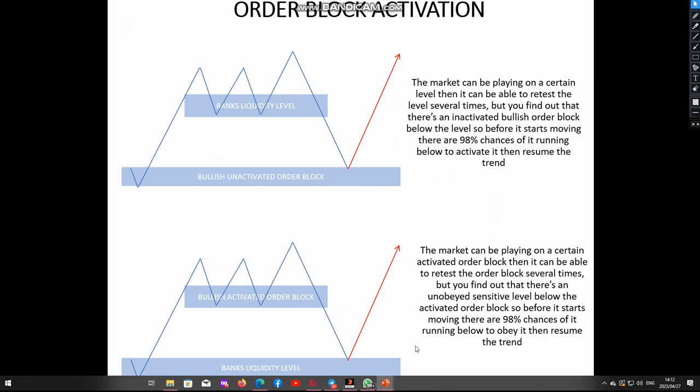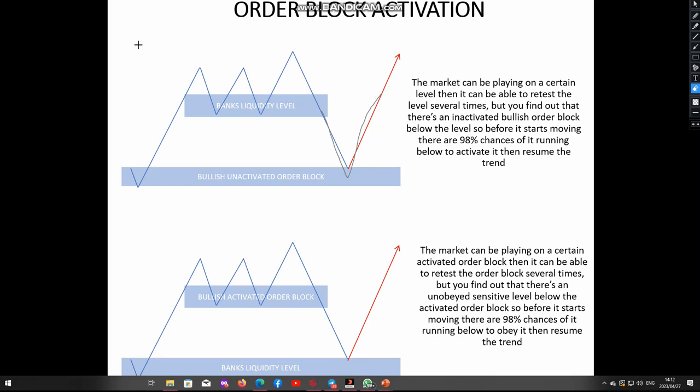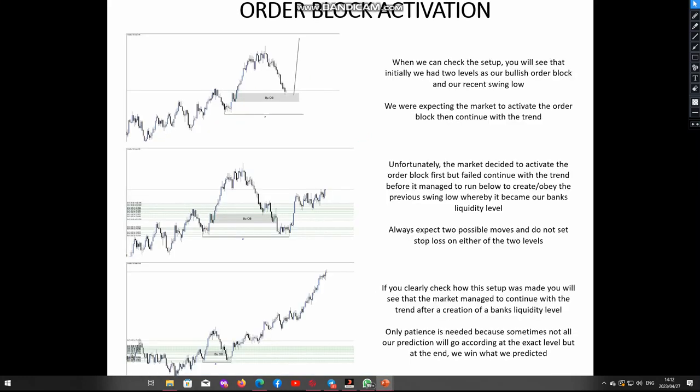We also have something that has been fully explained here. On order block, sometimes you can have a level and also an order block, but before the market moves from that level, it can break below to activate the order block, or you can have the order block above and then it breaks below to activate the previous level. On this one I won't be explaining a lot. You already have the PDF, with the full explanation of the previous slide.